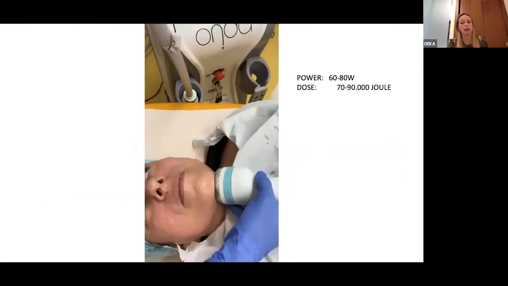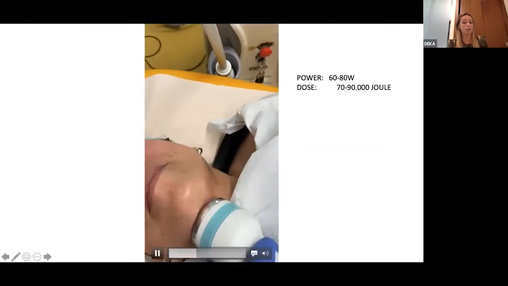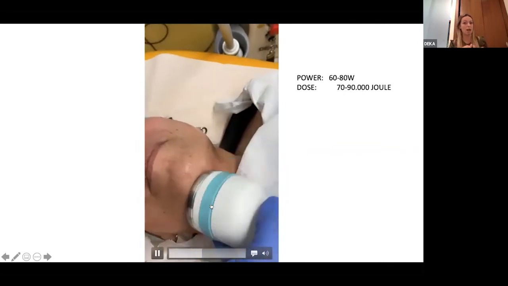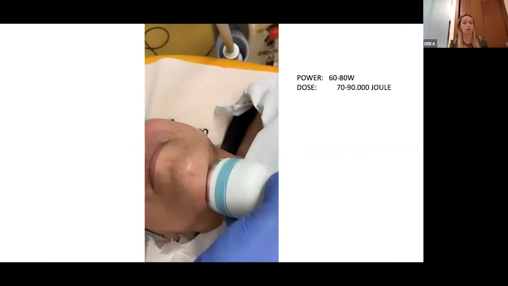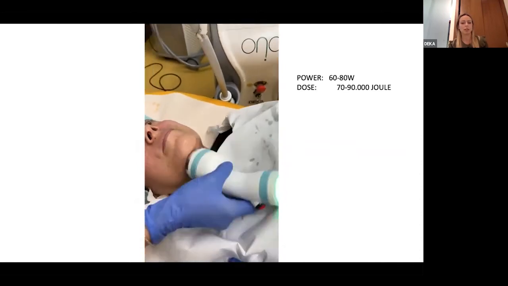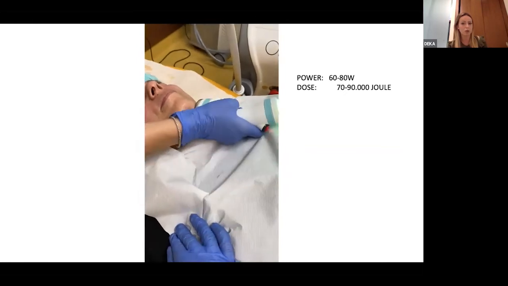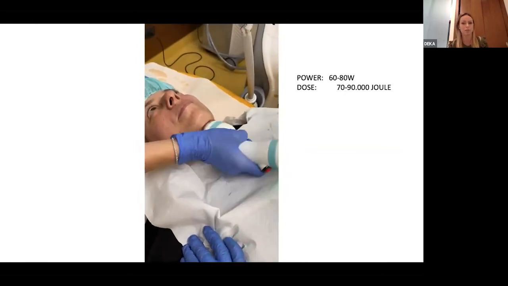You see that I can go on the right, on the left, because I know that from the cooling system I cannot transmit the energy. So you see that the patient is becoming red. This redness is due to the cooling system, not to the heat.